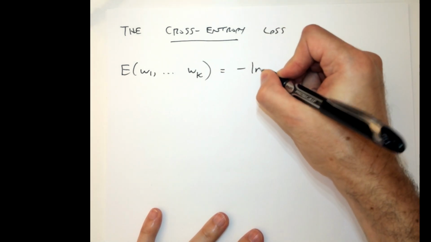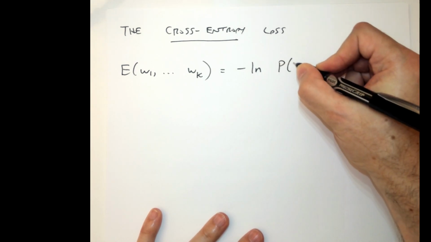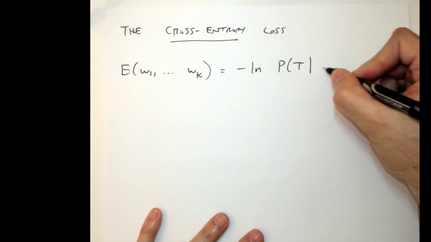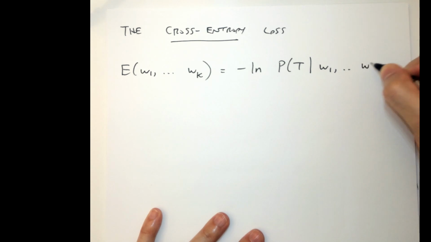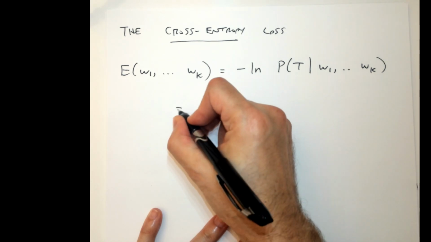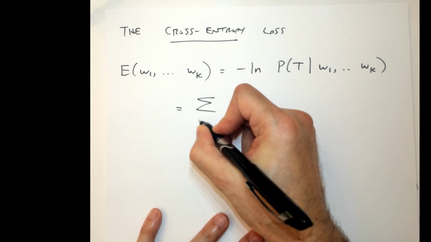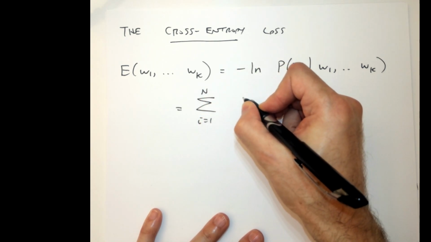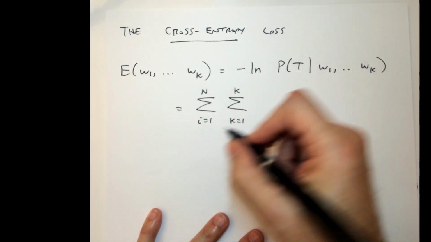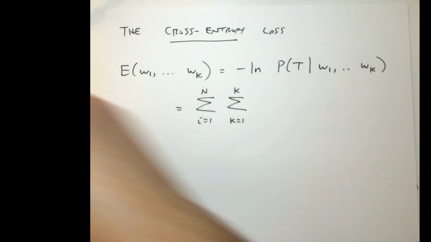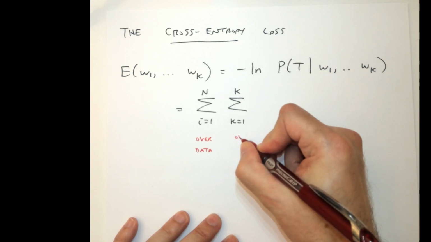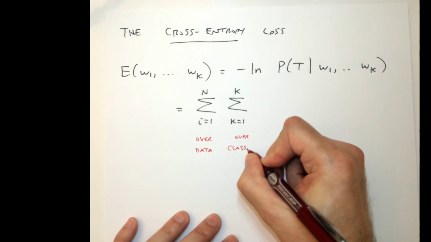Again, that comes from trying to minimize the negative log likelihood of the observations given the weights. I can write that like the following. I sum over all my training data and over all of my classes. So this is over all my data, and this is over all my classes.